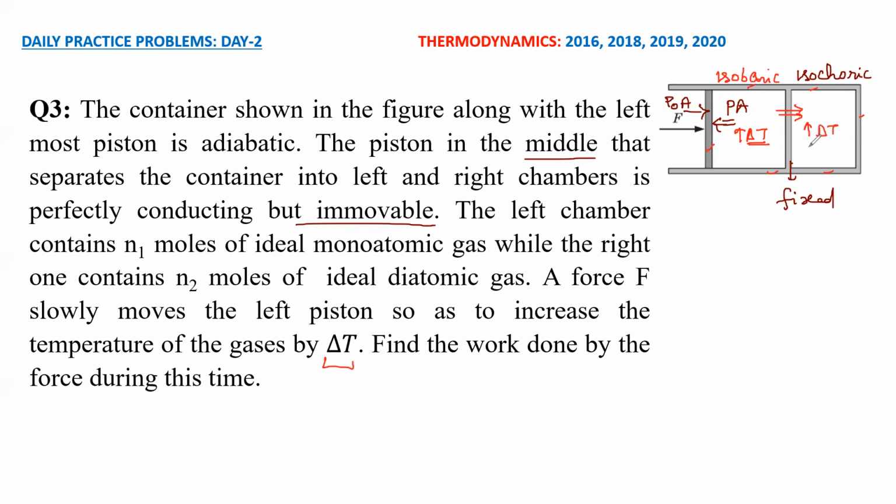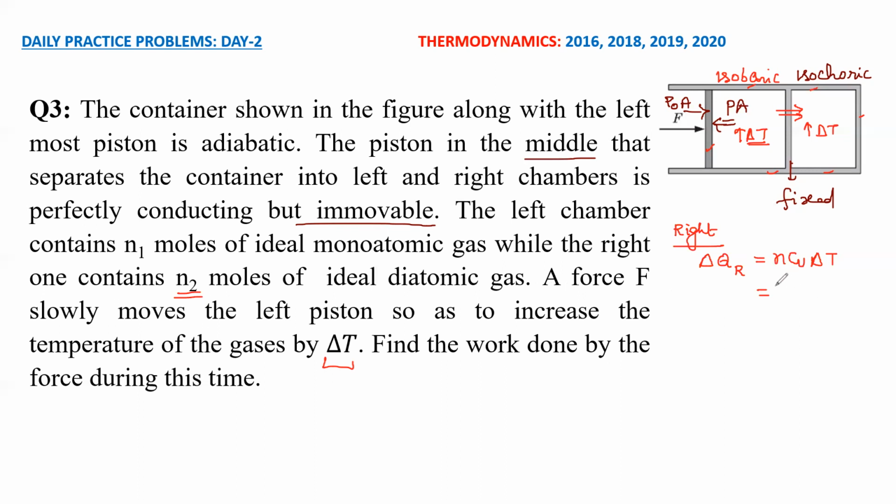Now, let us consider the right chamber. So the heat it receives, delta Q R, is equal to N CV delta T. And we are told that the right chamber has N2 moles of diatomic gas.